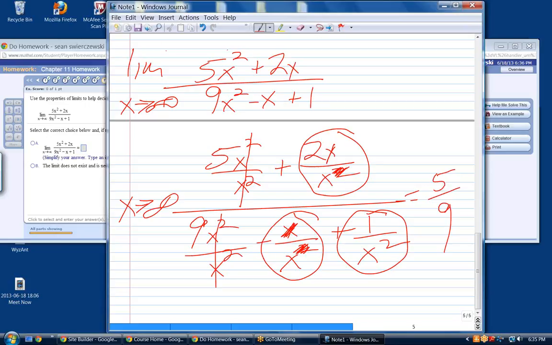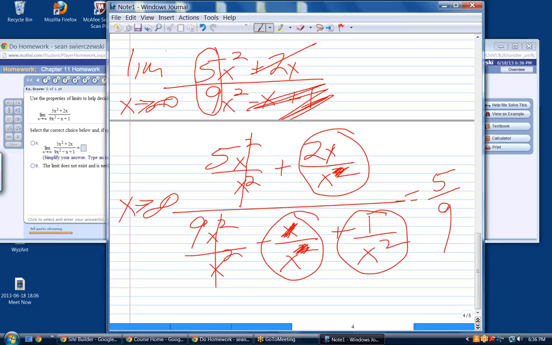Notice that we could have saved ourselves a lot of trouble by just checking the highest degree variable, which is x squared in the numerator and the denominator, ignoring everything else and taking the ratio of their coefficients, in the same way that we would be looking for a horizontal asymptote. Remember how you find a horizontal asymptote?